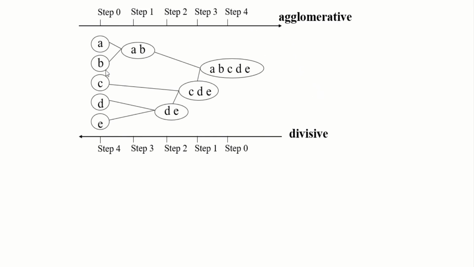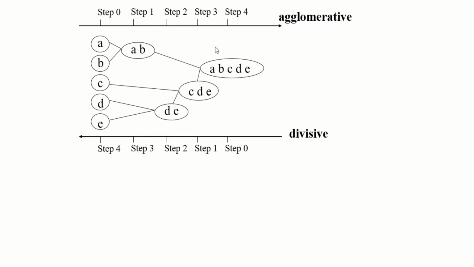In agglomerative clustering, we start from individual objects and go on merging them into one cluster according to similarity, and we continue this until some particular condition is met or we get all the objects into one cluster. Similarly, divisive is just the opposite of agglomerative.